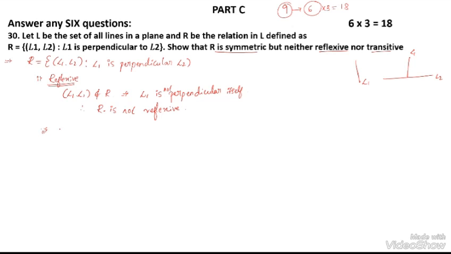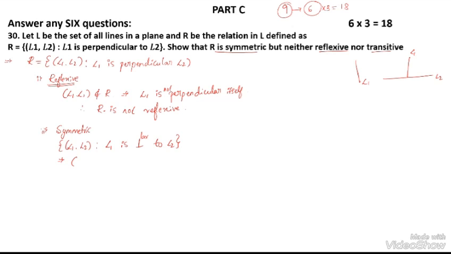Similarly, I can take the symmetric property. Take (L1, L2) such that L1 is perpendicular to L2. Then we can say L2 is perpendicular to L1.